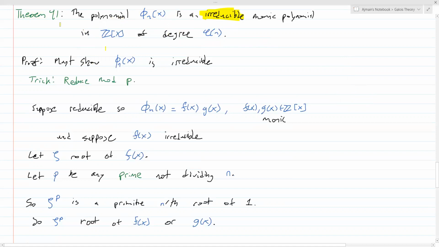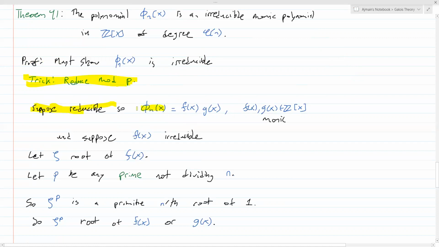So first let's prove that it's irreducible and then get the corollary. First, let's prove that the nth cyclotomic polynomial is irreducible. Again, the trick is to reduce mod p.